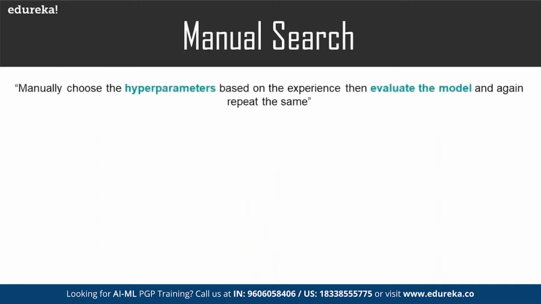Usually, accuracy, as we go on to further slides, let's see that. So in manual search, we manually choose the hyperparameters. How do we go about doing that? We do it based on the experience of the machine learning methods.